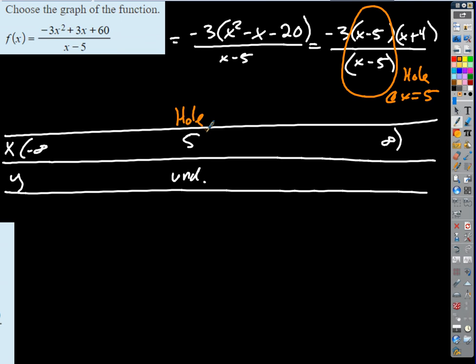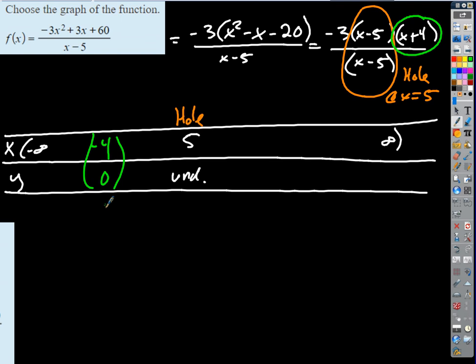Do we have any x-intercepts? Okay, x-intercepts would be places where the numerator is equal to 0 and the denominator is not, right? So because of this factor right there, we know that at -4, we get a 0. We get an x-intercept.